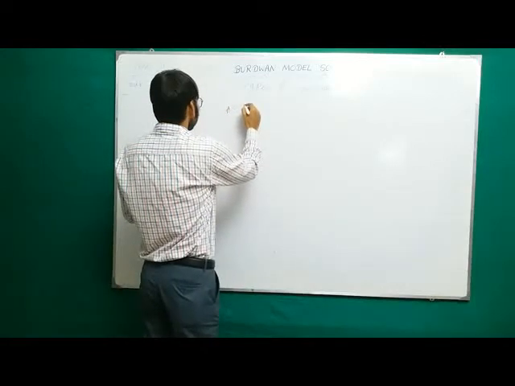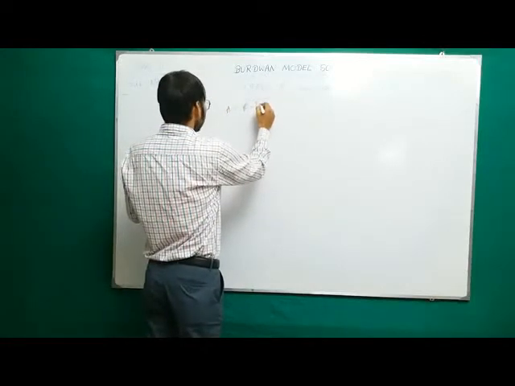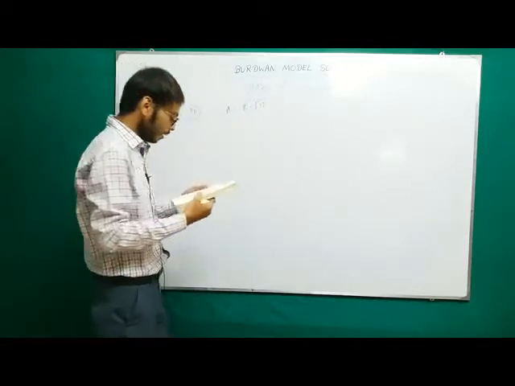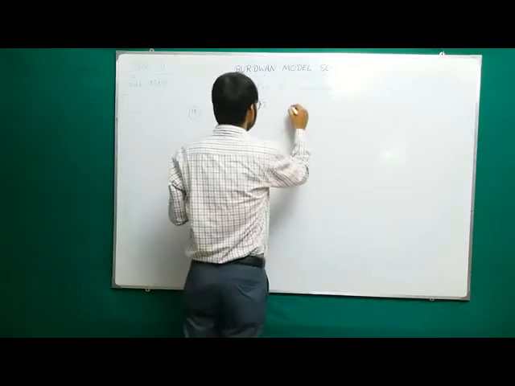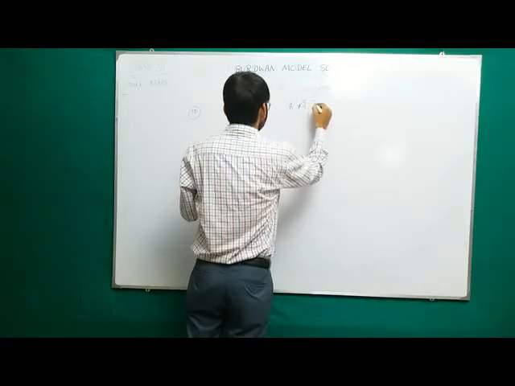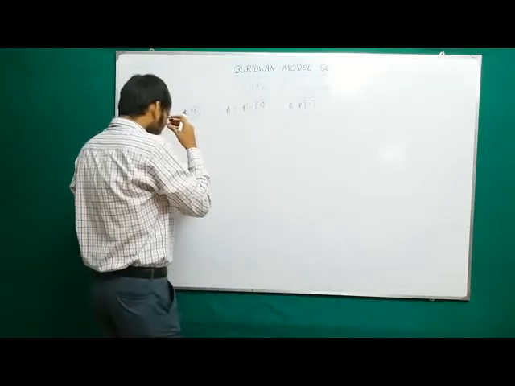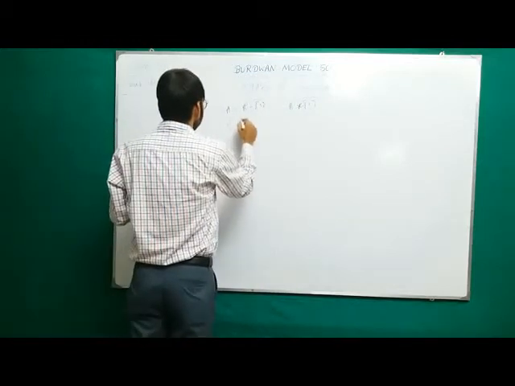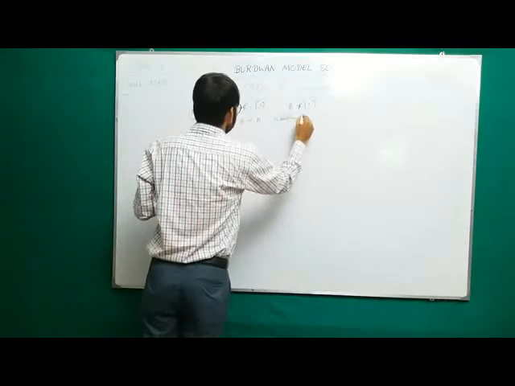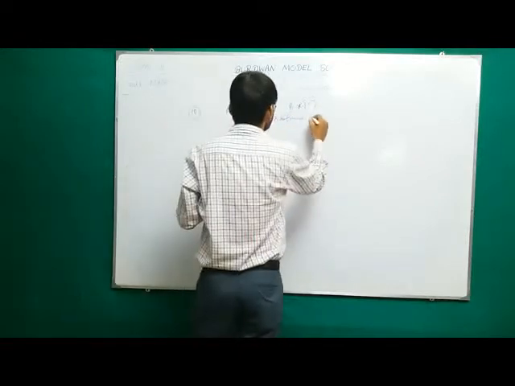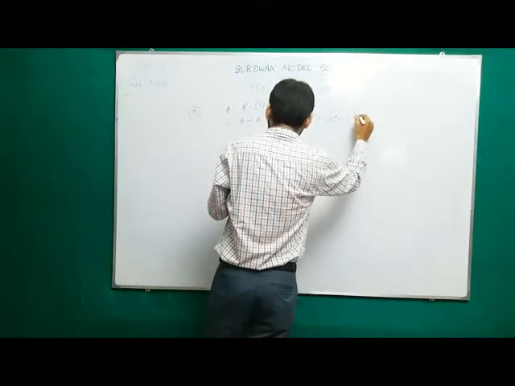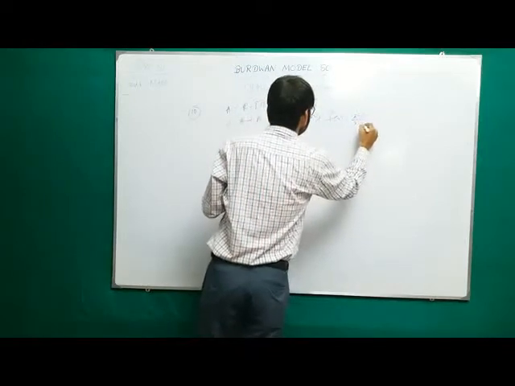Here capital A equals the real numbers minus singleton 3, that means 3 is excluded from the real numbers, and capital B means the real numbers minus singleton 1. And f from A to B is defined as f of x equals x minus 2 by x minus 3.